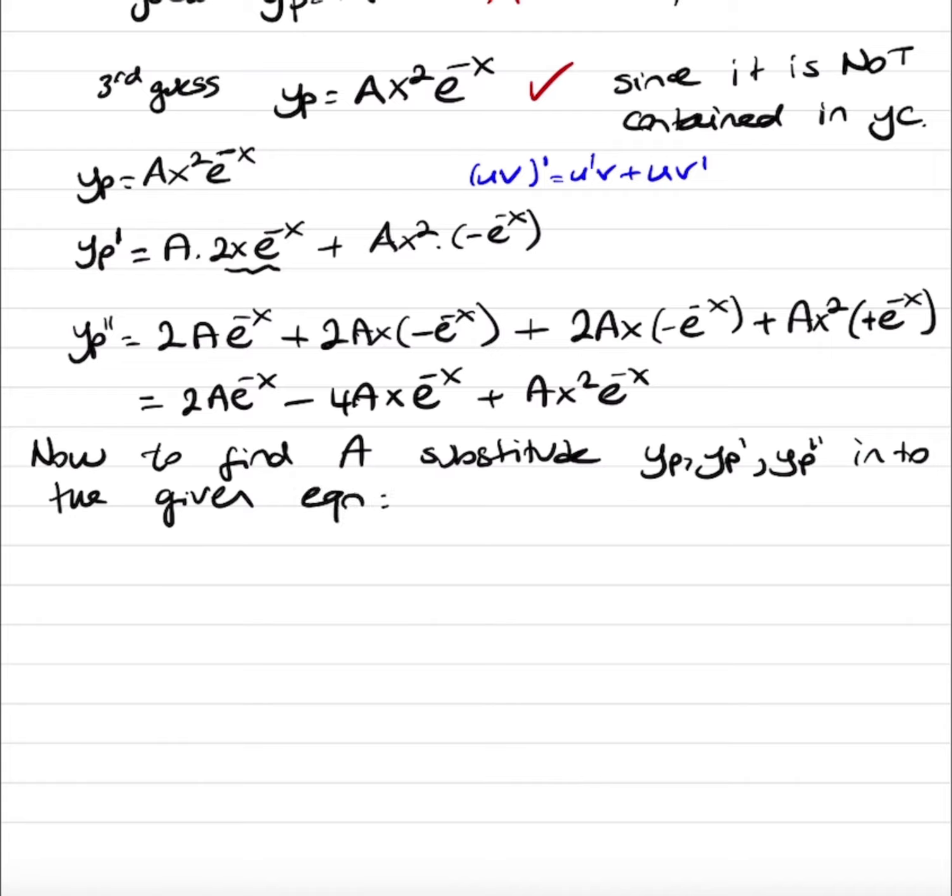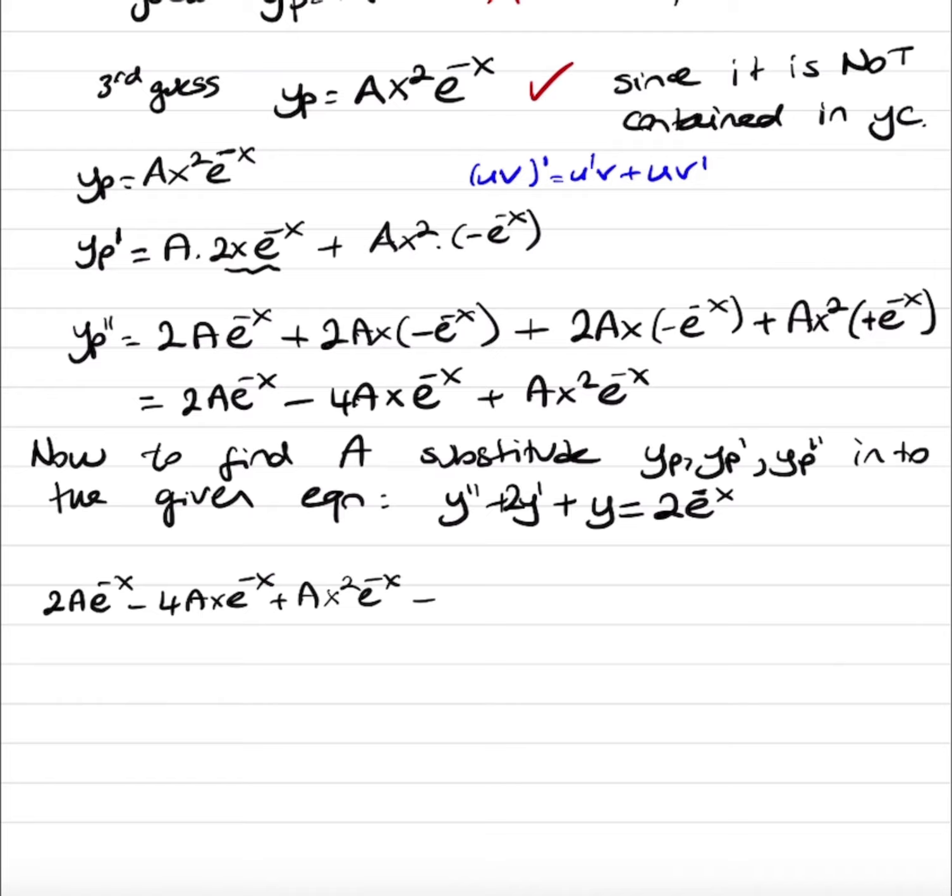What was our given equation? Okay, let me remember. It was y double prime plus 2y prime plus y is equal to 2 e to the power minus x. So let's substitute and we will do cancellations. I write y double prime, and I hope I will not make any errors.